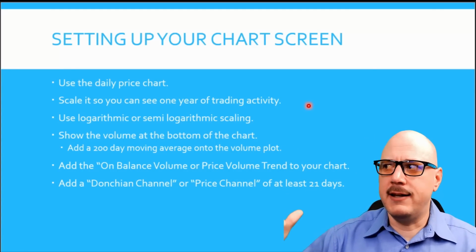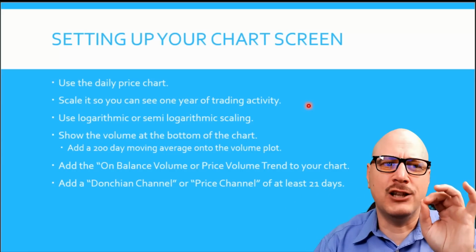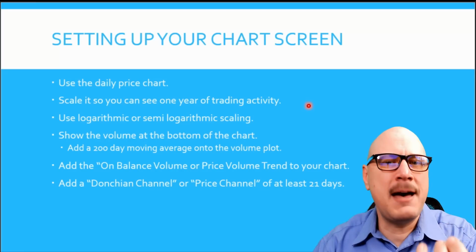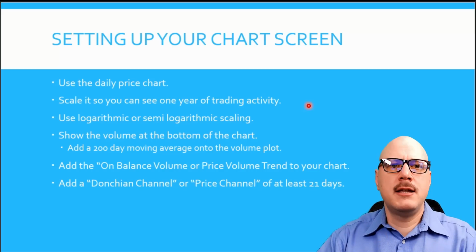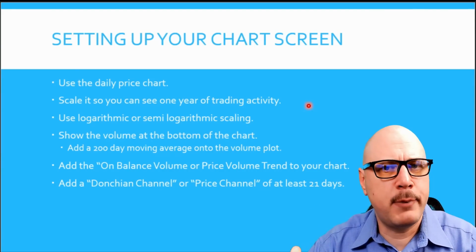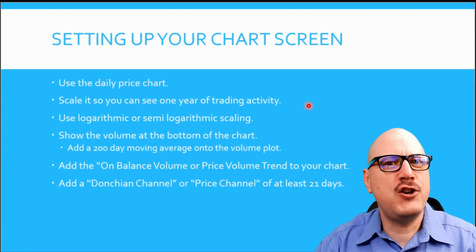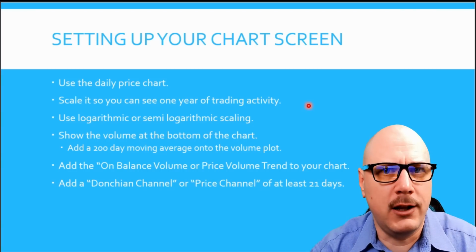On the price side of your chart, you want to make sure that you're looking at a logarithmic or a semi-logarithmic price scale. Well, what does that mean? Prices move based on percentages and not based on the actual dollar value.